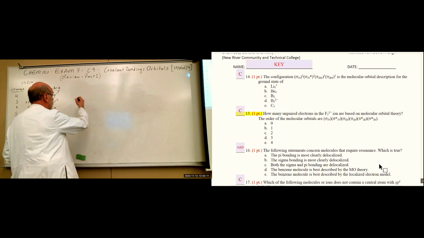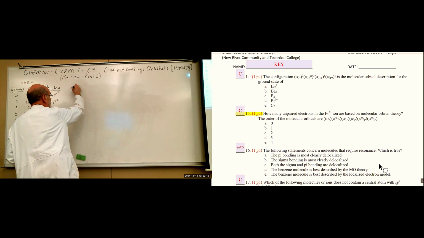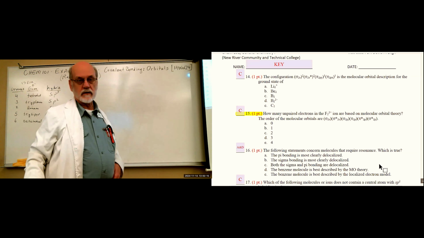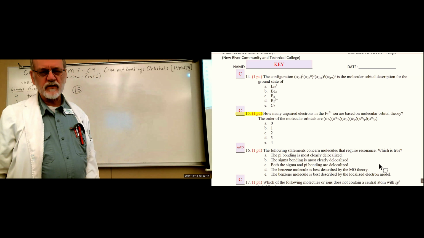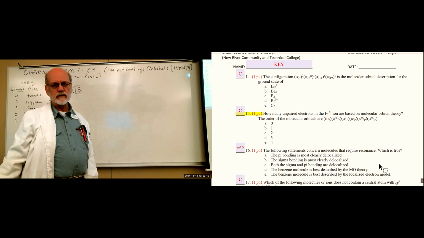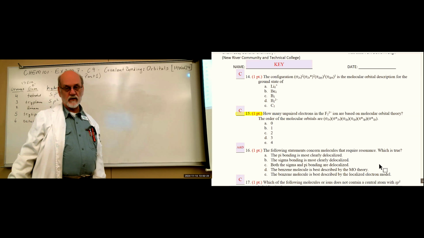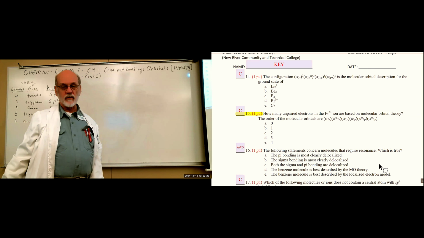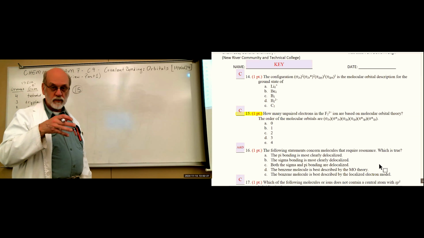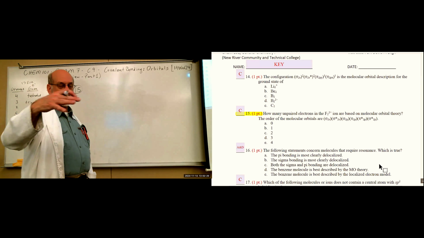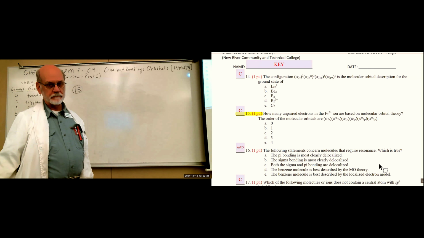All right, 15. Doing good. How many unpaired electrons are in the F2 2+ ion based on molecular orbital theory? The order of the molecular orbitals is given, so that you can populate them in the correct energy order.